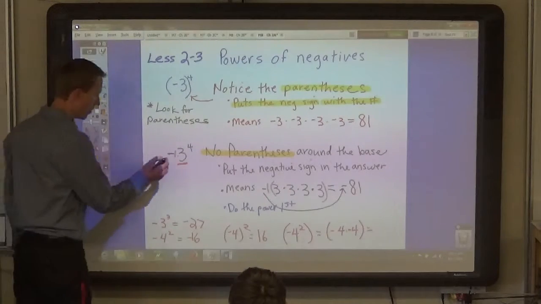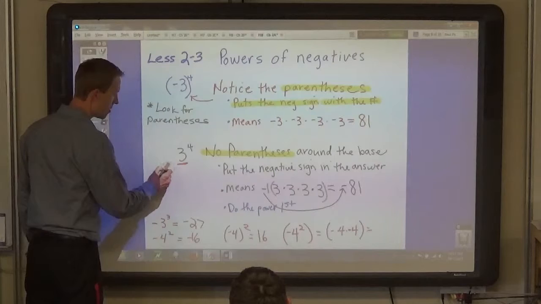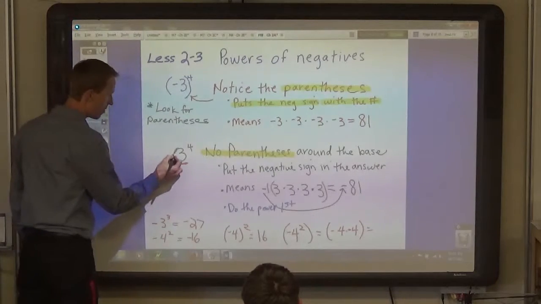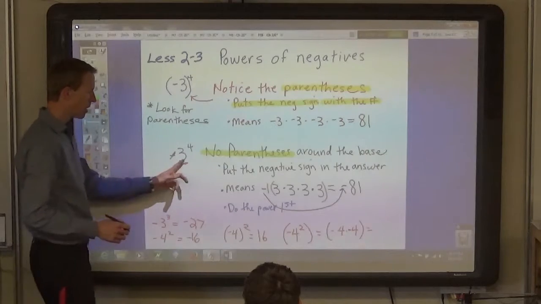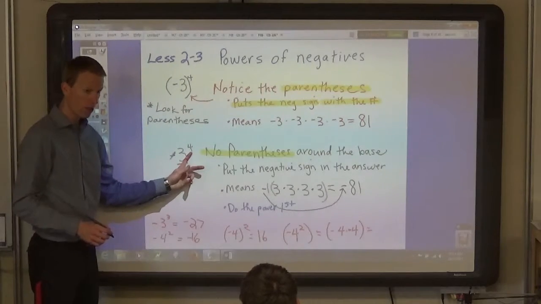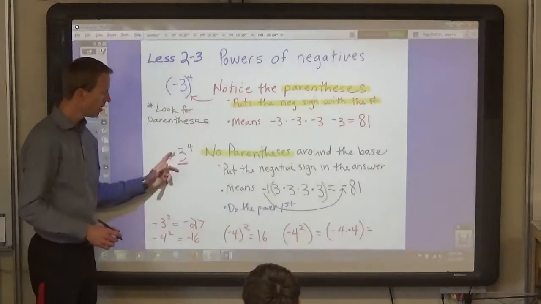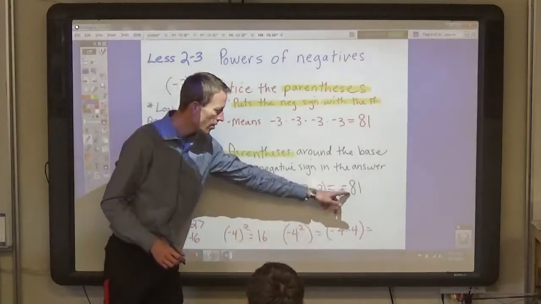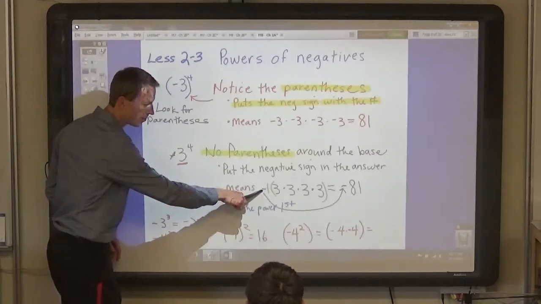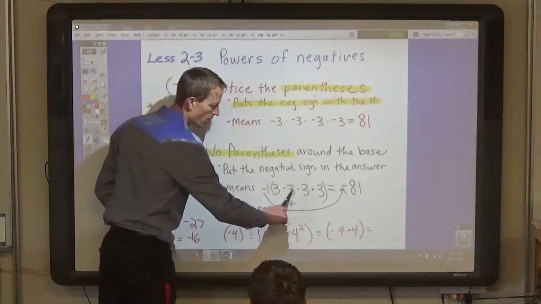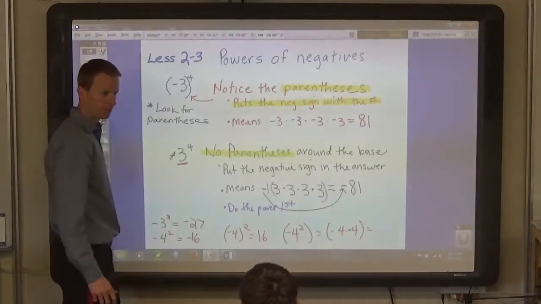And the thing that you have to remember here is that if there's a negative sign like this, but it's outside of the parentheses, or there are no parentheses, the negative sign goes at the end. This is just like doing -1 times 3 to the 4th power.